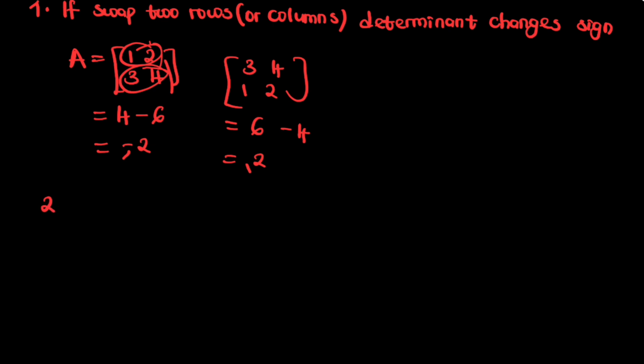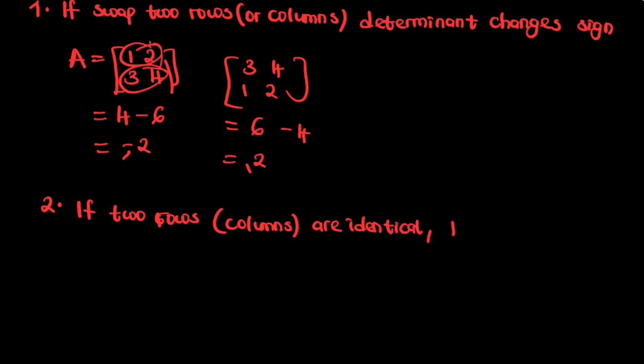That's the first property. The second property: if two rows or columns are identical, then the determinant is equal to 0.